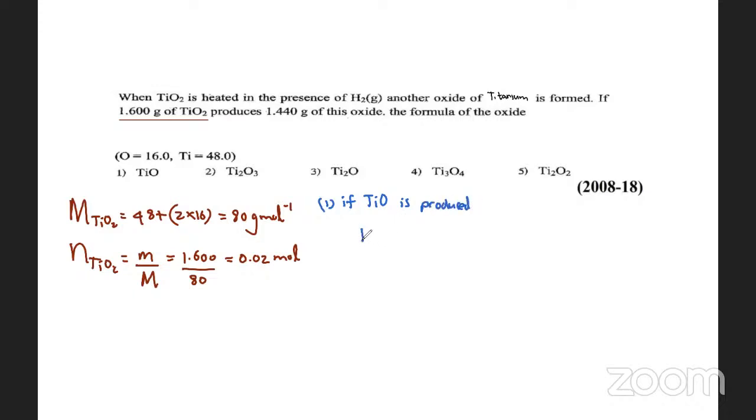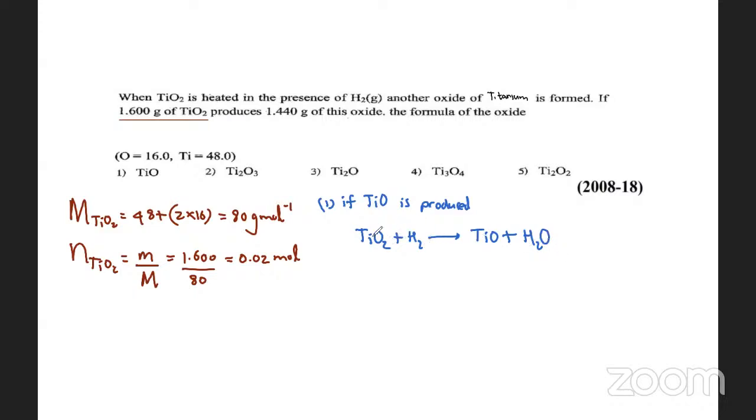Then the reaction has to be TiO2 and TiO. TiO2 reacting with hydrogen, TiO will be produced, and another compound will be produced. This is getting oxidized or reduced, some other product will be obtained. H2O, probably H2O. Yeah, H2O is going to be produced.